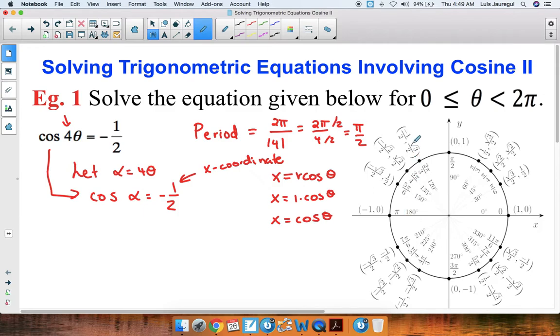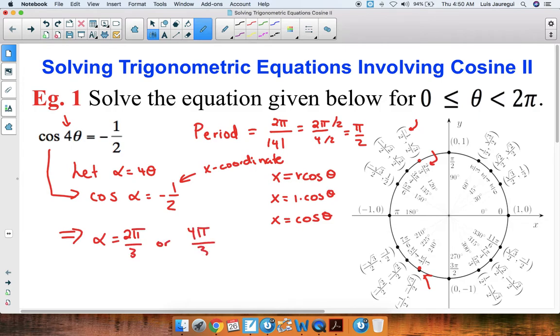We come over here and we say, okay, here's one point that has that particular feature, and if we were to reflect that point across the x-axis, we get the other point that represents that feature as well. So notice that the angles will be 2 pi over 3 and 4 pi over 3. So alpha is equal to 2 pi over 3 or 4 pi over 3.